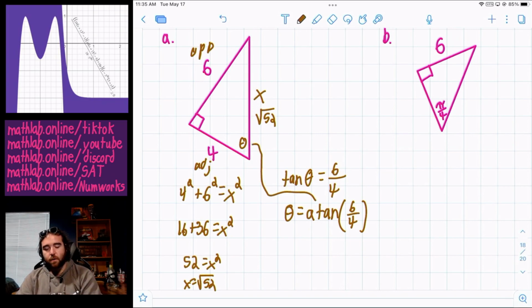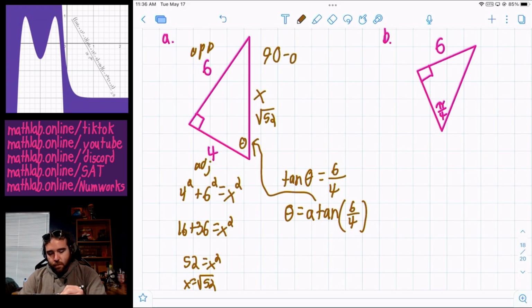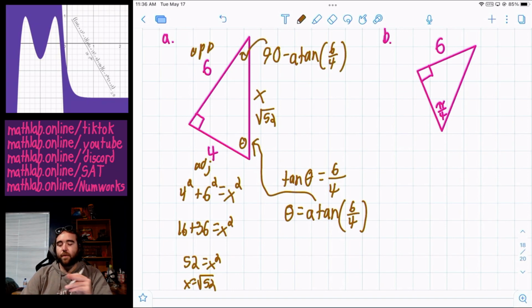So that's right here. And if we don't have a calculator, we can just leave it there. And then, so what does that mean for the other angle? That means that this other angle has to be 90 minus a tan of 6 over 4. That's that guy right there.